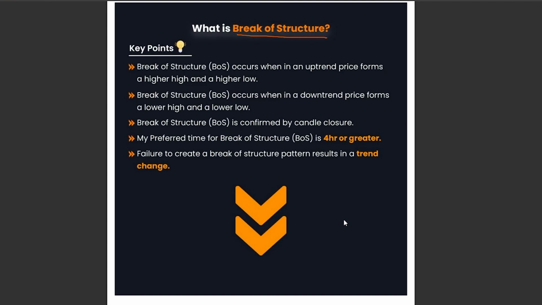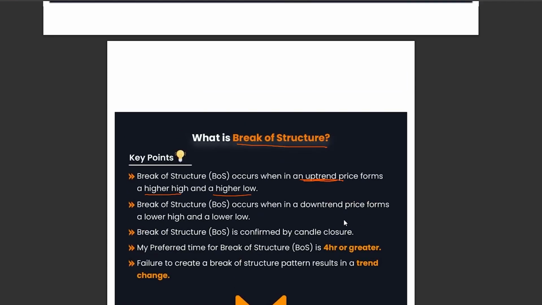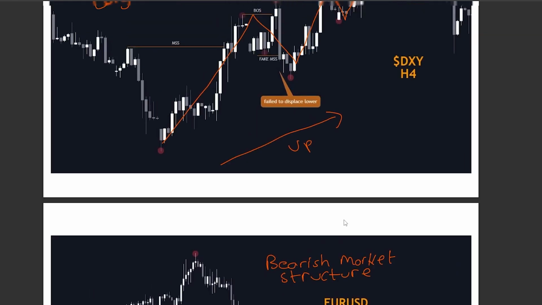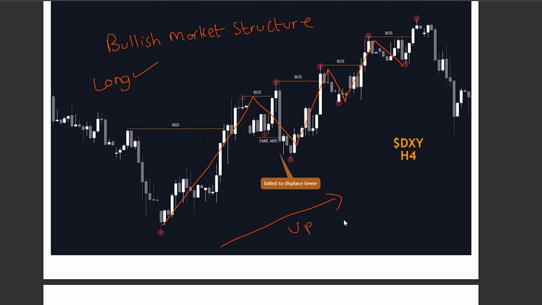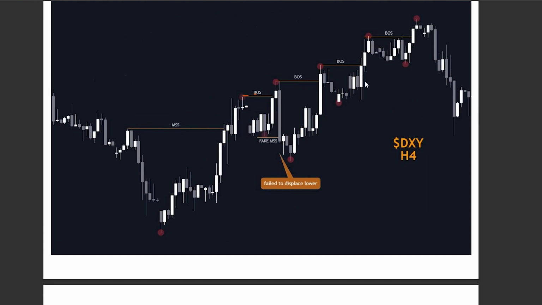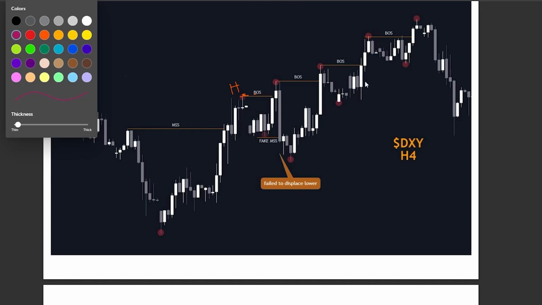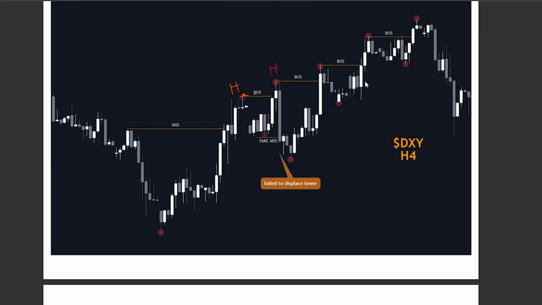Break of structure is basically when, in a bullish or an uptrending market, we make a higher high and a higher low. Like in the previous examples, you can see in this bullish market structure, if we erase all this, we had this high that I'm marking with the orange, and when we broke this high and created another high which I'm marking with the pink color, we basically broke the structure.